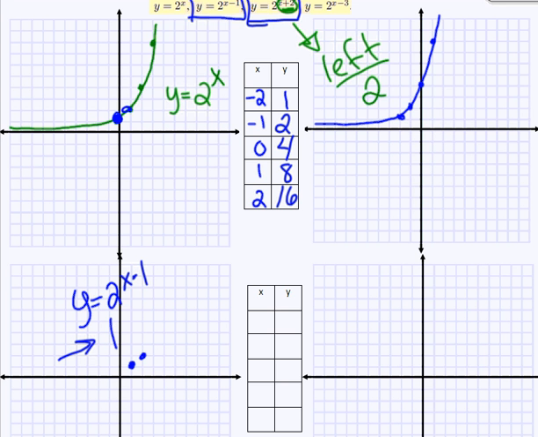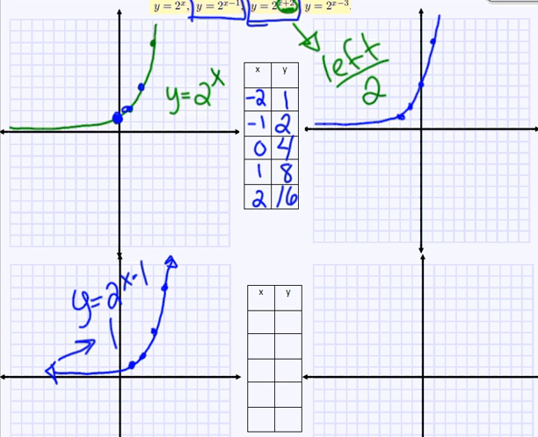This one moves right 1 as well. The point 2, 4 becomes 3, 4. And the point 3, 8 becomes 4, 8. And we've still got our horizontal asymptote of y equals 0.